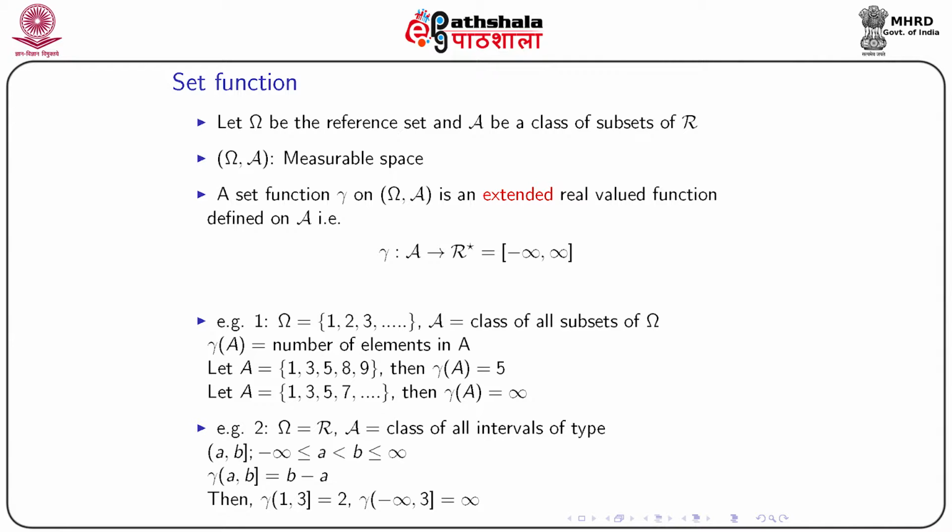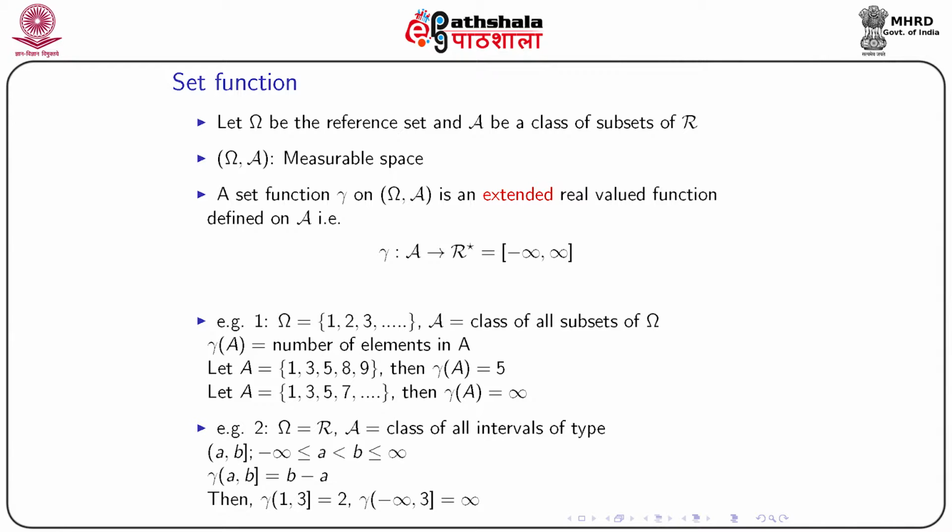So this shows that the set function can be finite as well as infinite. That is why the set function is defined as an extended real valued function. So it can be infinity in either case.